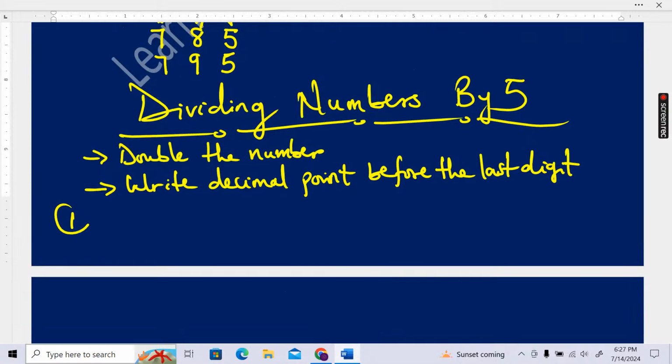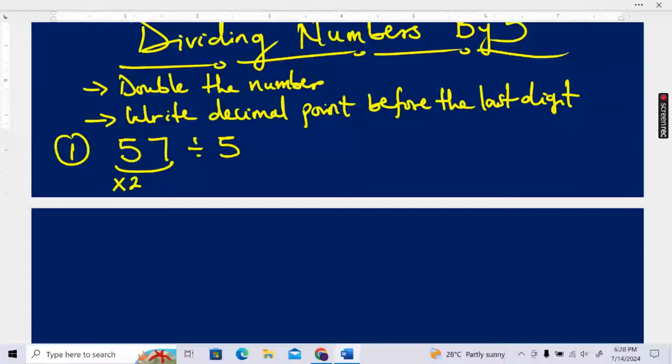Now look at this example. What is 57 divided by 5? You're going to double 57. It means multiply 57 by 2. That's the meaning of doubling. Double 57, you will have 114. Then introduce a decimal point before the last digit. The last digit here is 4, right?